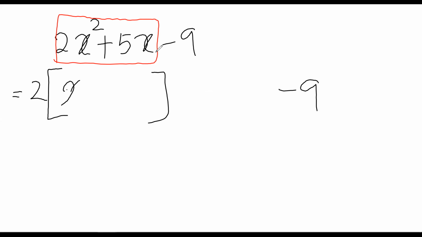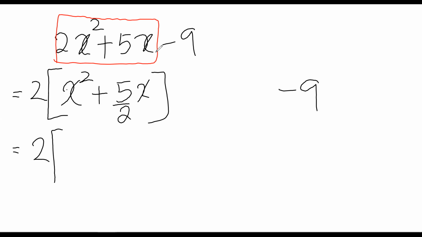I have taken a 2 out, so x squared plus 2.5x, or I can say 5 divided by 2. Hope that is clear. Because when you multiply this back, you will get the original 2x squared plus 5x back.